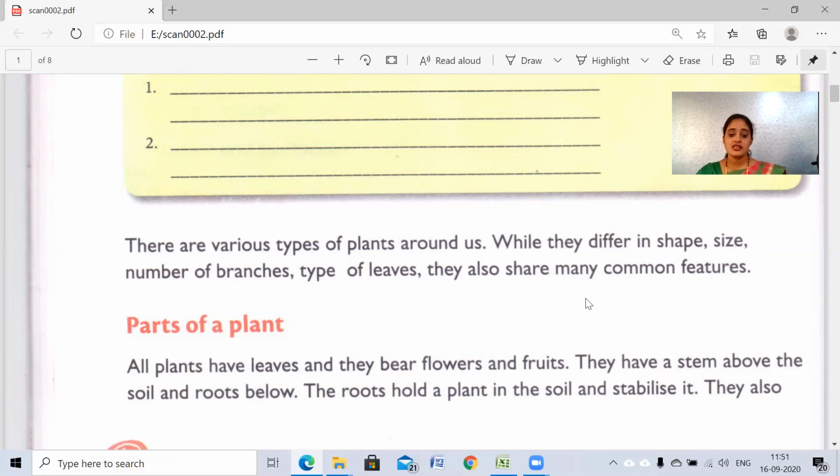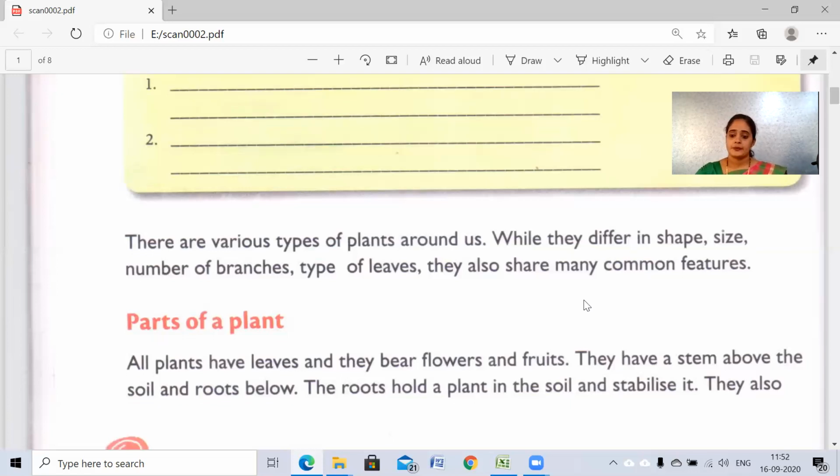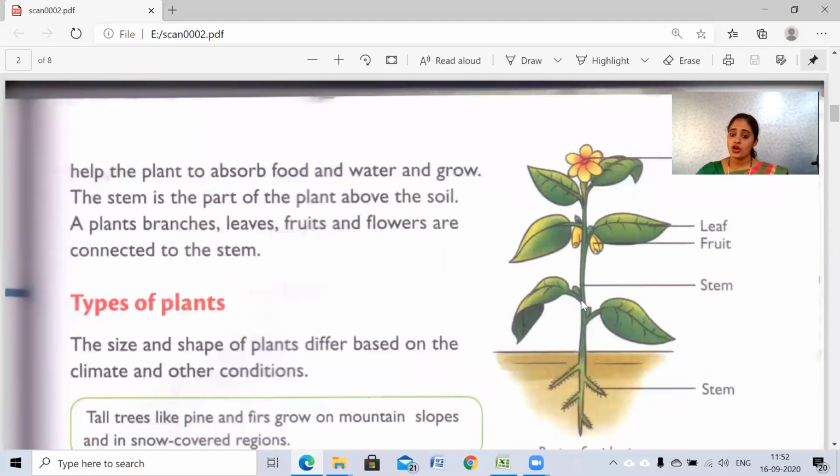Is it? Roots also hold a plant in the soil and stabilize it. It will help in holding the soil. The soil will be held by the plant. They also help the plant to absorb food and water, and it will start growing, isn't it?